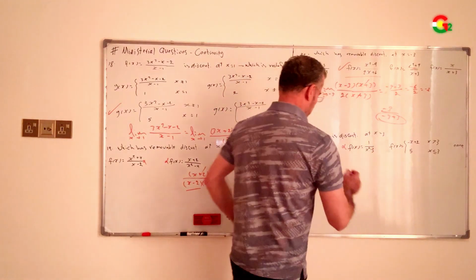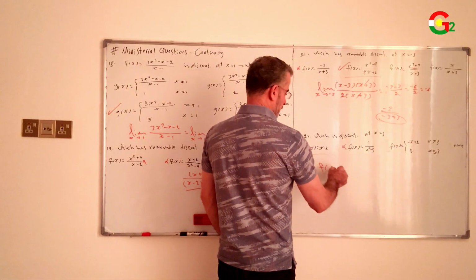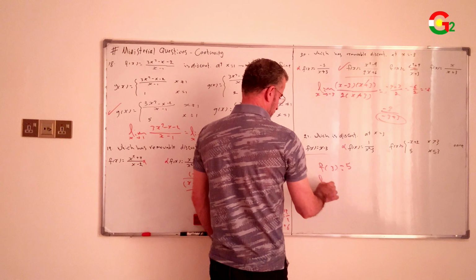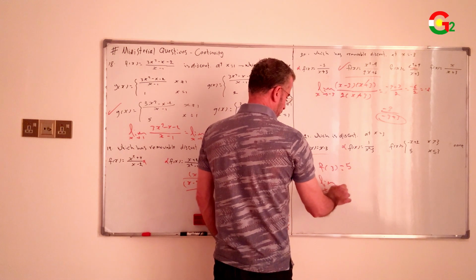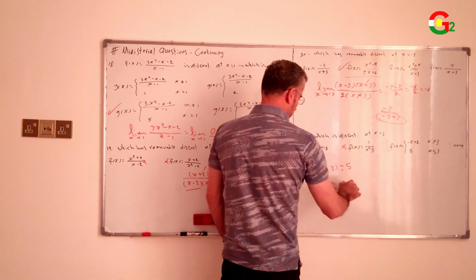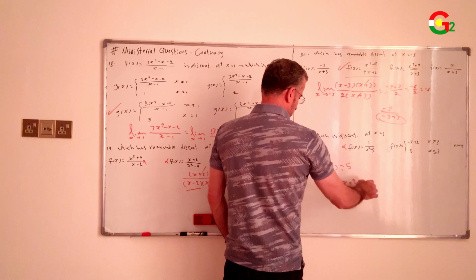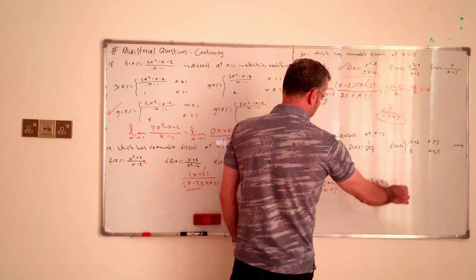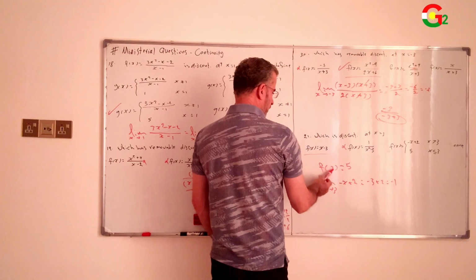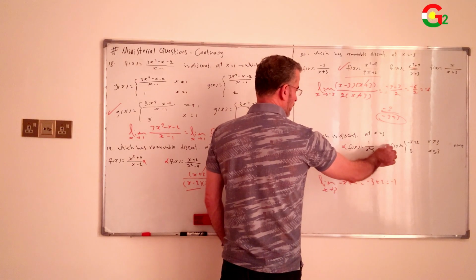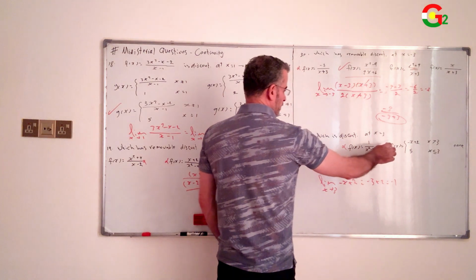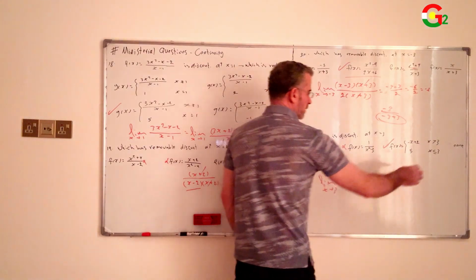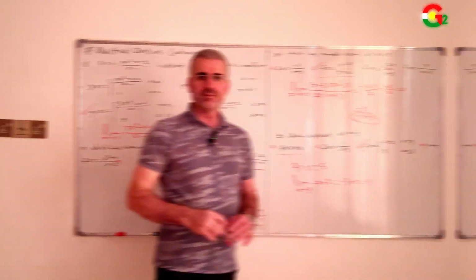Let us check this function. f of 3 equal 5. Limit when x approaches 3. I substitute in this segment. The answer is negative 3 plus 2 equal negative 1. Since the value of the function at 3 is not equal to the limit, this function is discontinuous when x equals 3. It is the right choice.